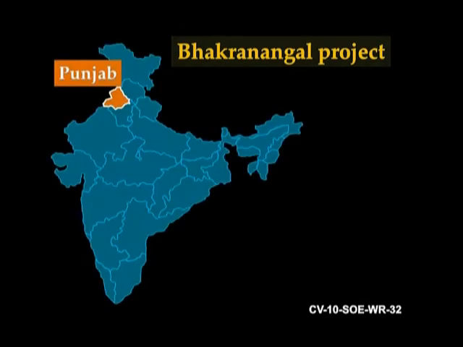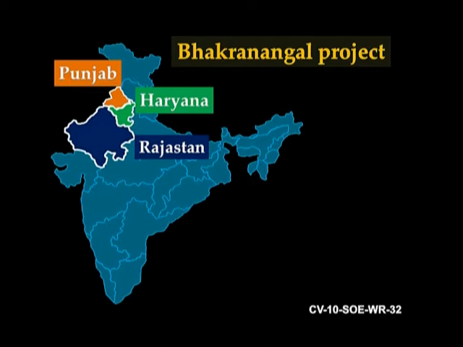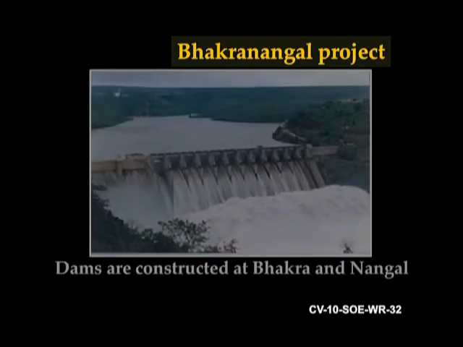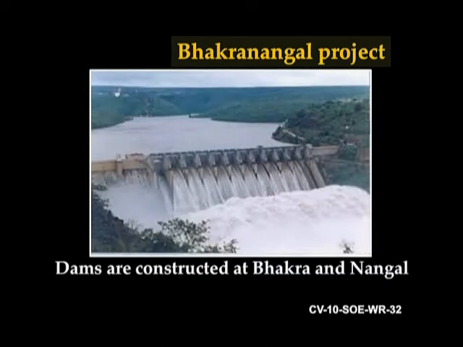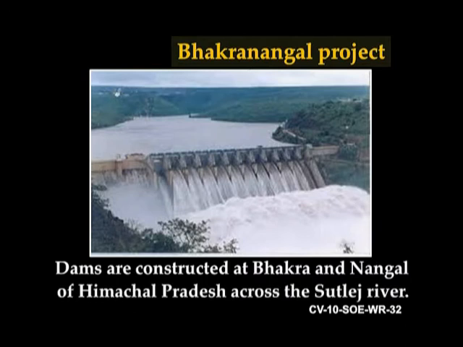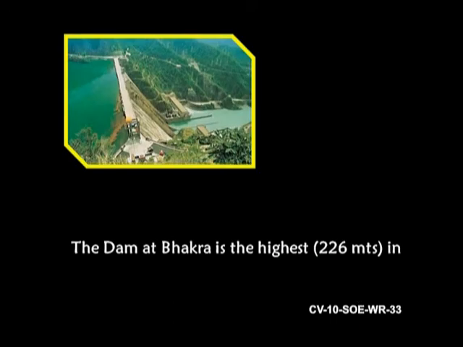Number 2. Bhakra Nangal Project. Bhakra Nangal Project is the joint venture between Punjab, Haryana and the state of Rajasthan. Dams are constructed at Bhakra and Nangal of Himachal Pradesh across the Satluj River. The dam at Bhakra is the highest with a height of 226 meters.